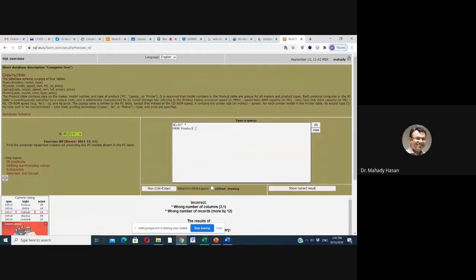So I could relate, this is basically a combination of two things: product and PC. So it is a connection of product and PC, and here let me join them, where P dot model equals PC dot model.